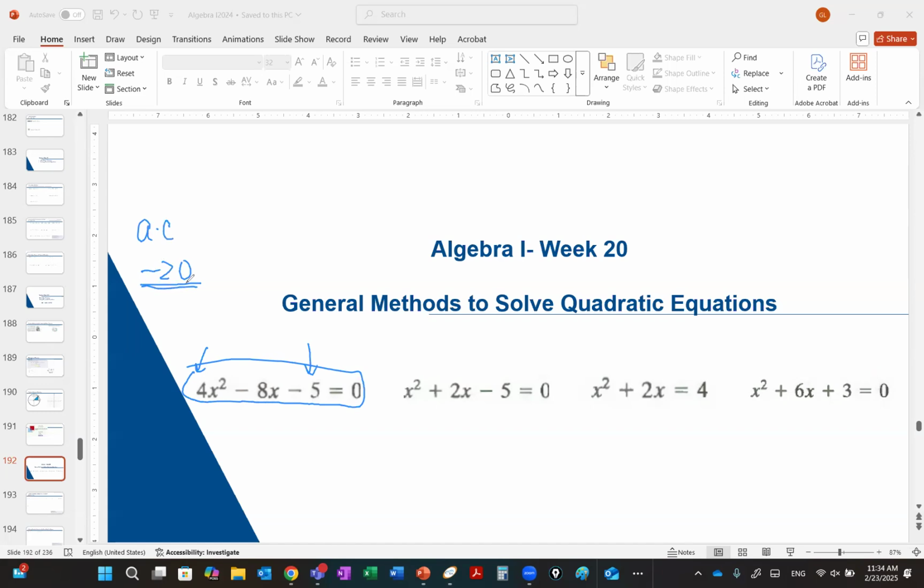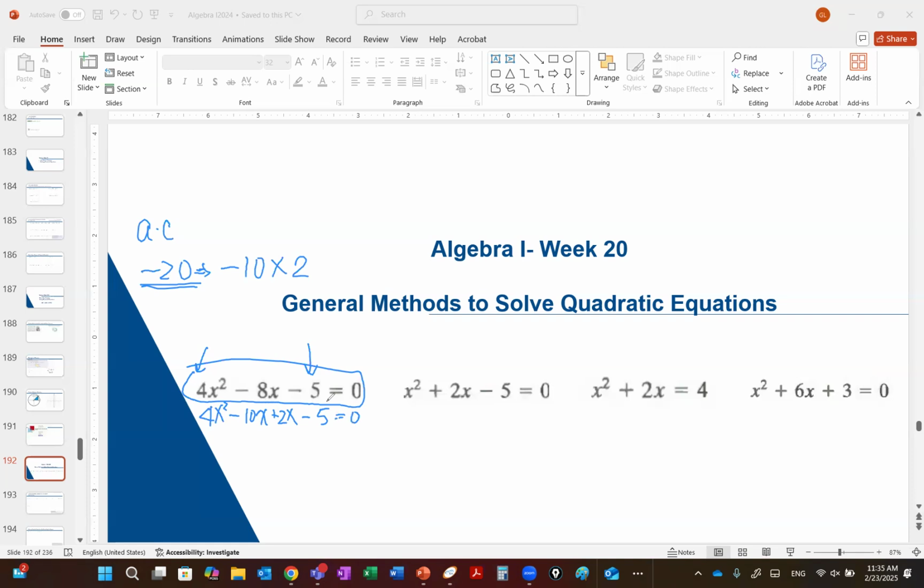The sum of them will be -8. -10 and 2. All right. So this means we break it down: 4x squared minus 10x plus 2x minus 5 equals 0. Is it correct?